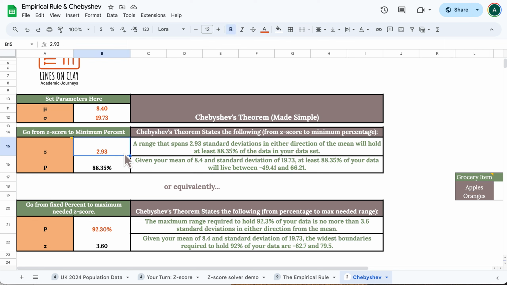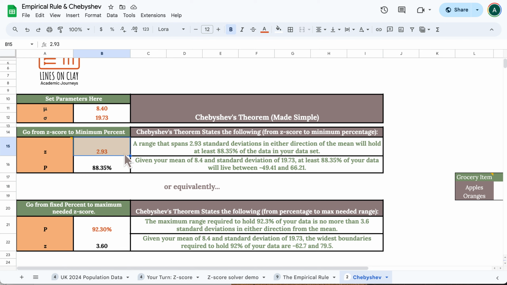For instance, if we had a mean of 8.4 and a standard deviation of 19.73, it doesn't matter whether it's population mean or sample mean. If I was asked a question like, if I put in a certain number of standard deviations, how much of my data am I guaranteed to get? And so I've put in, say, 2.93 here.